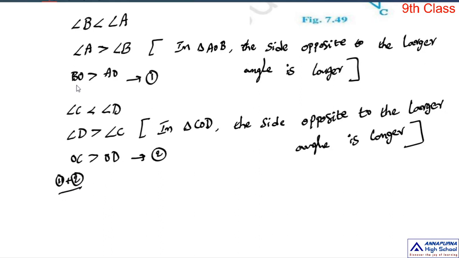First we add the left side parts, BO plus OC, which is greater than the sum of the right side parts, AO plus OD.